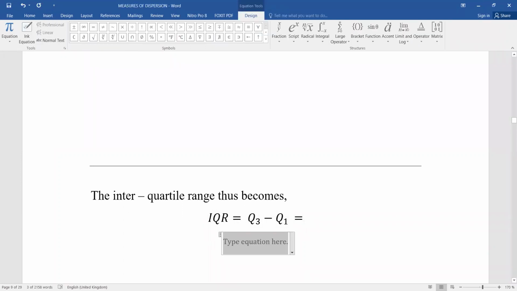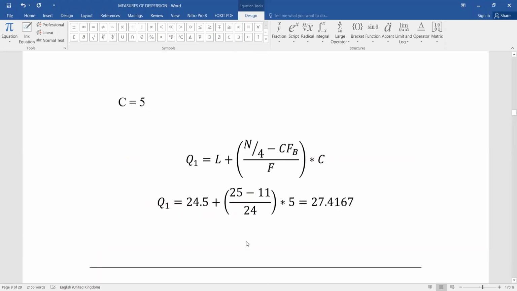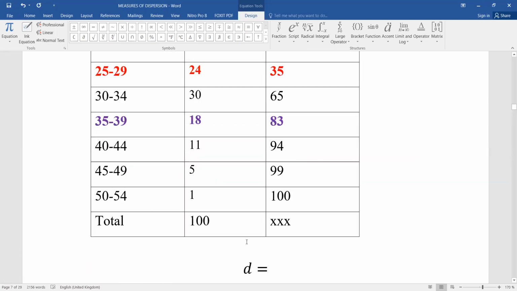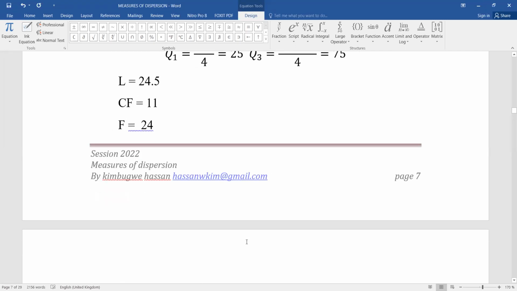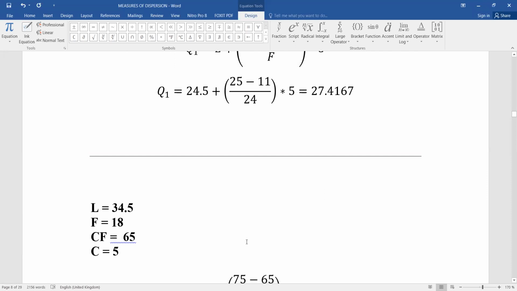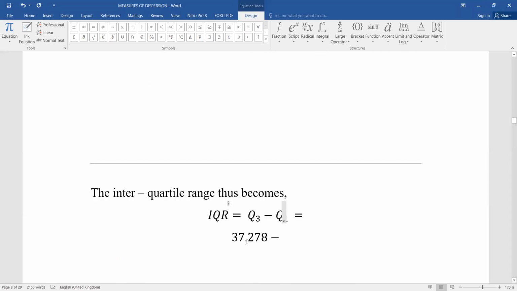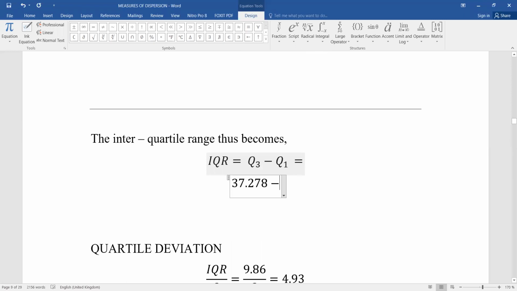So we shall have 37.278 minus our Q1. Our Q1 was 27.417.